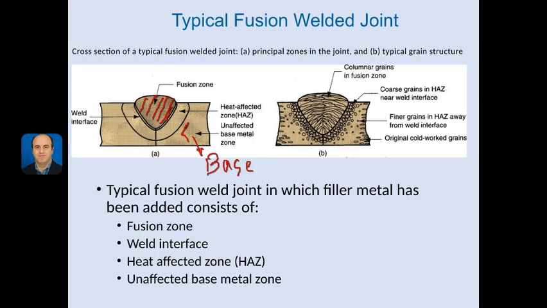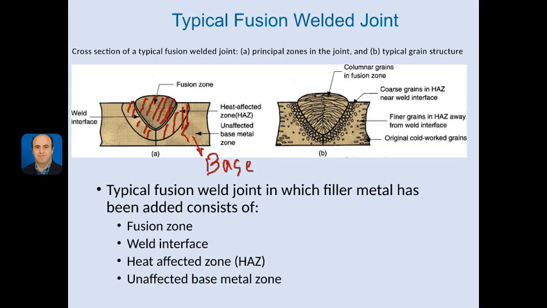A little outside of that fusion zone, we have an area called the heat affected zone. This heat affected zone is not melted, but it experienced a high temperature below the melting point, high enough to cause microstructural changes in the solid metal.